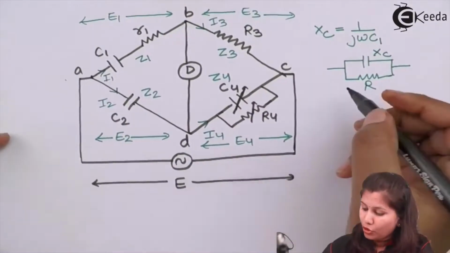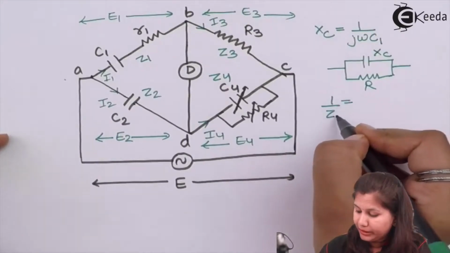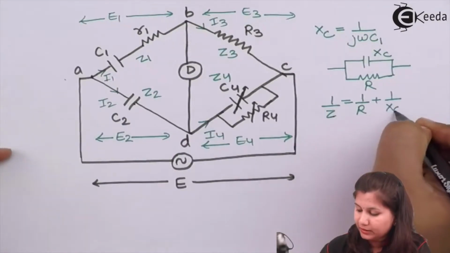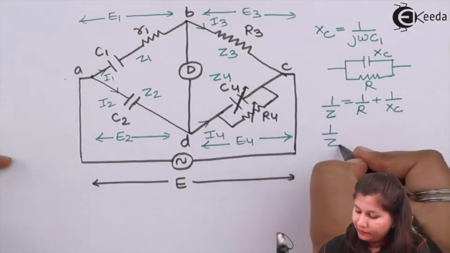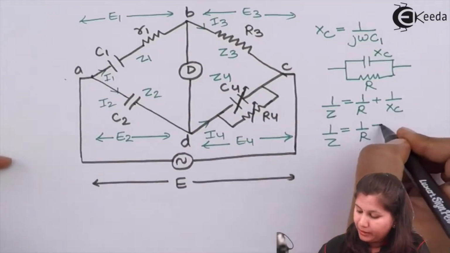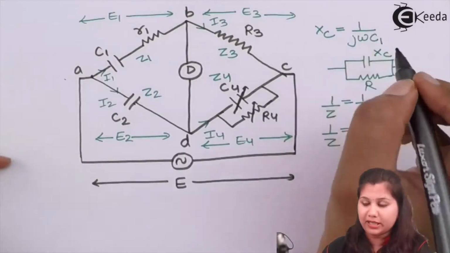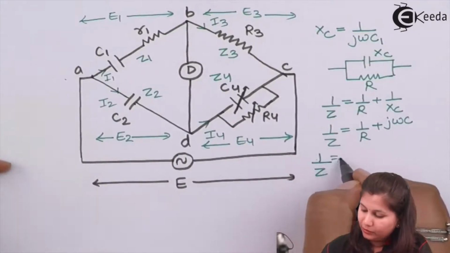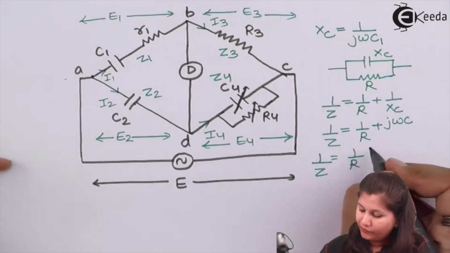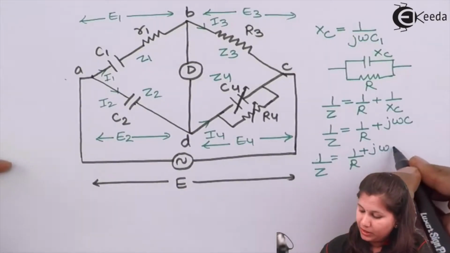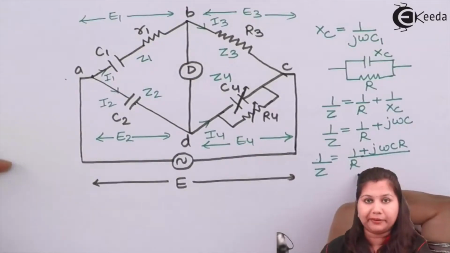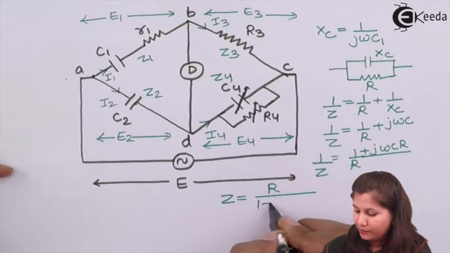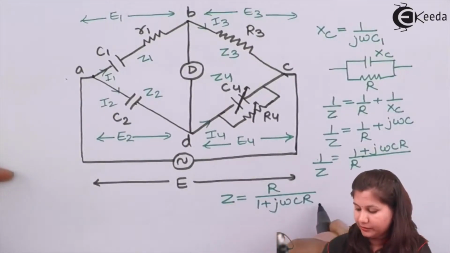If we find the equivalent impedance, it will be 1 by Z equals 1 by R plus 1 by Xc. Xc is 1 upon j omega C, so we write j omega C. So 1 by Z is equal to 1 by R plus j omega C, or we can say 1 plus j omega C R upon R. So it is the reciprocal, and the impedance will be R upon 1 plus j omega CR.